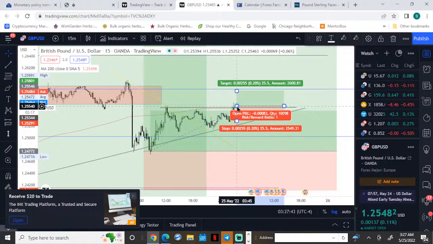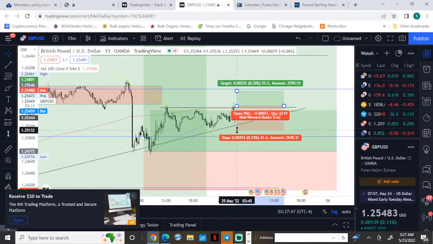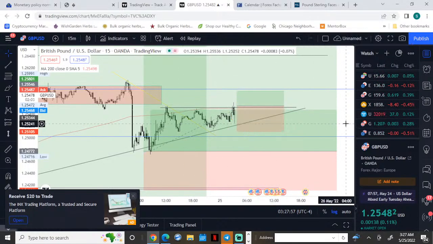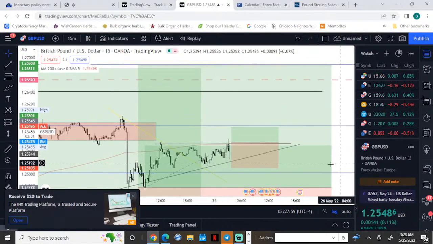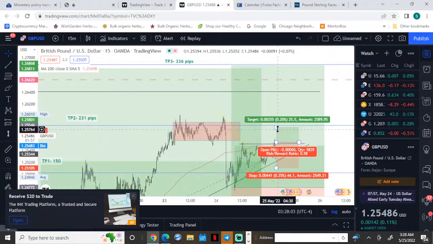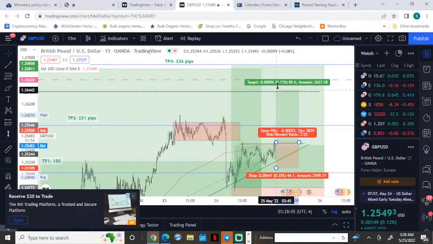So if you get a retest, put stop loss below this low for 44 pips and take it to my TP3.